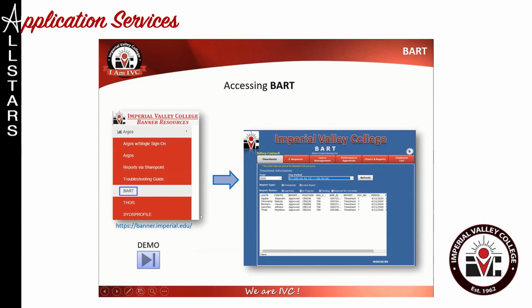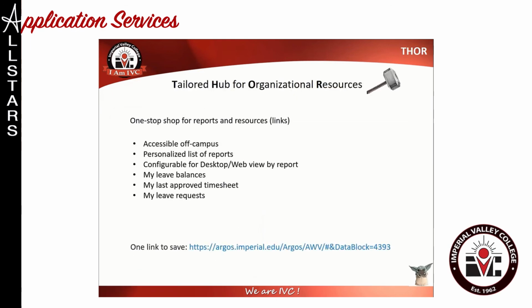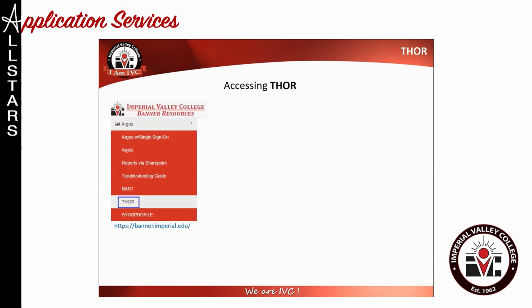But as Jeff and Matthew said, this banner.imperial.edu is only accessible while on campus or through VPN. So I highly recommend that if you want to use Thor, save this link on your browser as a bookmark. So you will always have it, even if you're not connected to the IBC network.